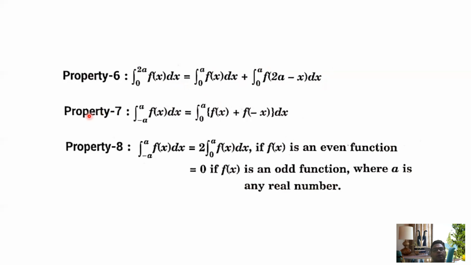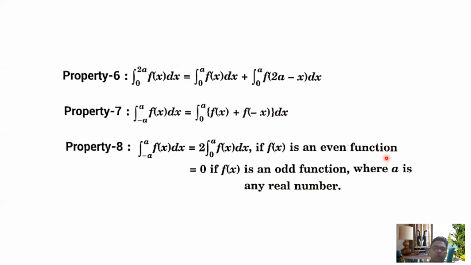Property number 7: the integral from −a to a of f(x) dx is equal to the integral from 0 to a of [f(x) + f(−x)] dx. Property number 8 is basically coming from here, so you can consider property number 8 a corollary of property number 7. I will explain. The integral from −a to a of f(x) dx is equal to 2 times the integral from 0 to a of f(x) dx if f(x) is an even function.